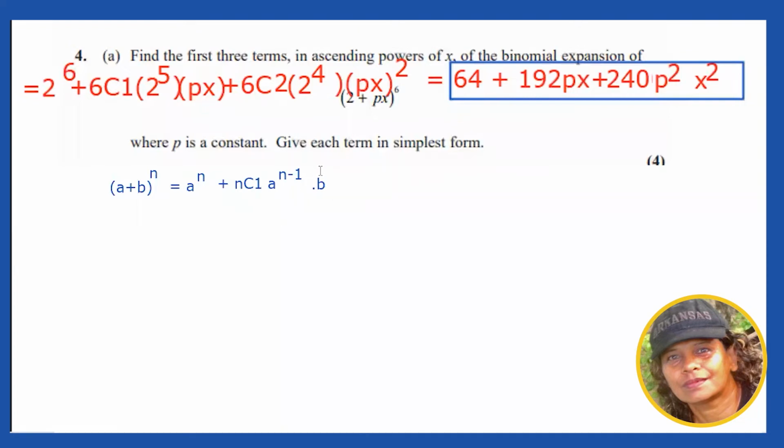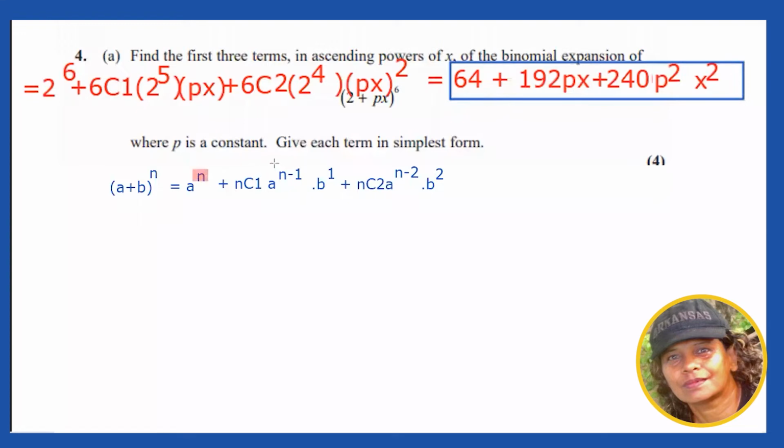The next term would be nC2 a to the power n minus 2 into b to the power 2. If you notice, when we add all the powers, we should get n.